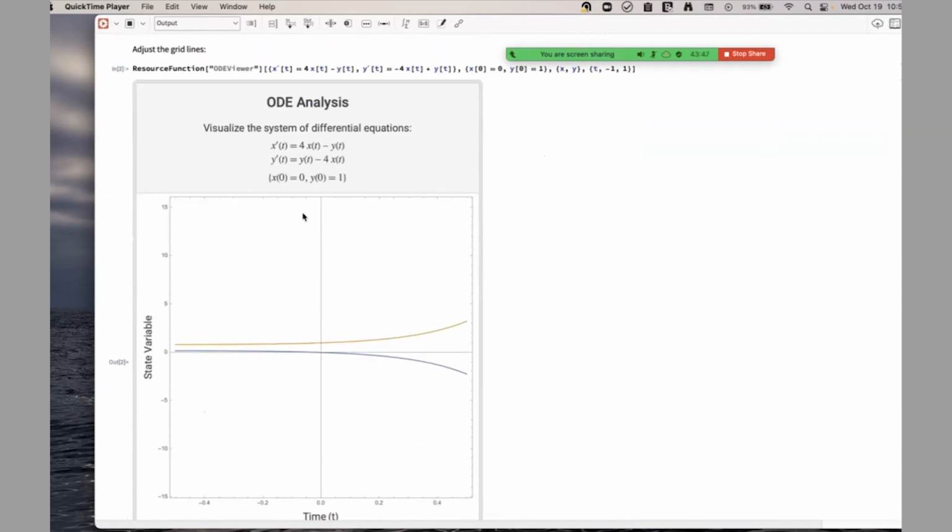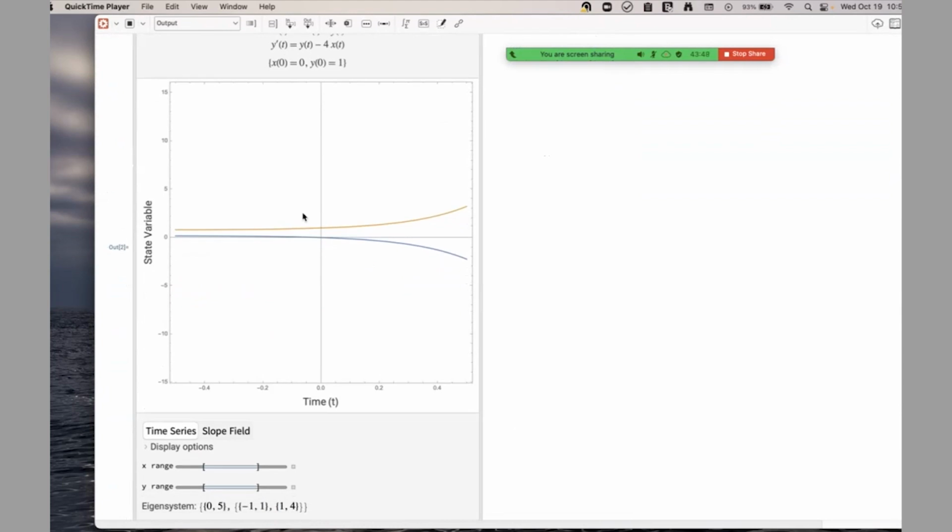In this example, we can see the time series, and in this case the grid lines pop-up menu below the selector gives a different value for the number of grid lines.